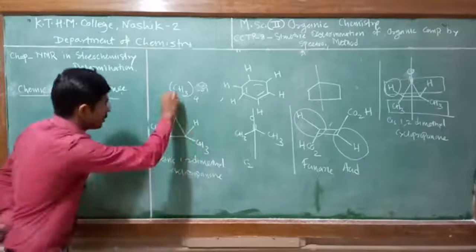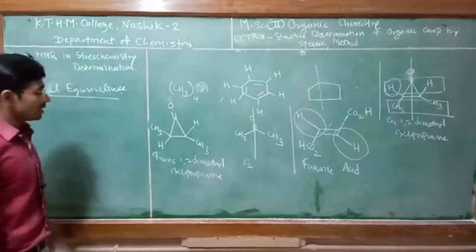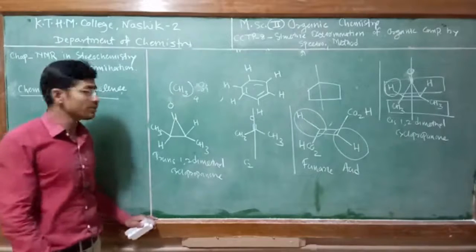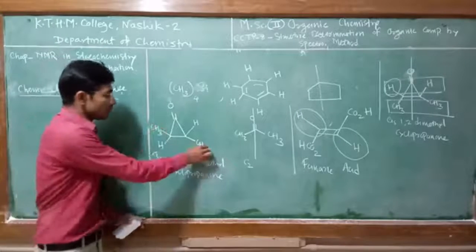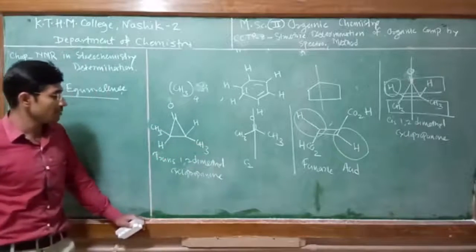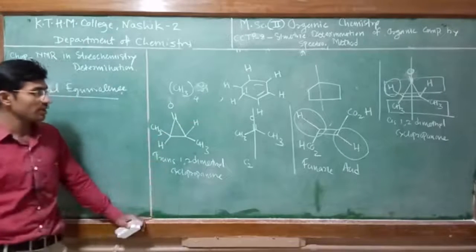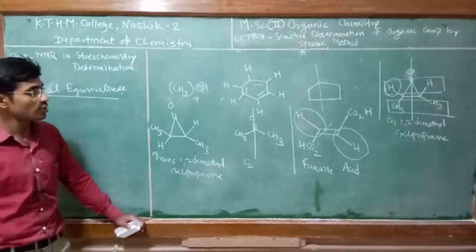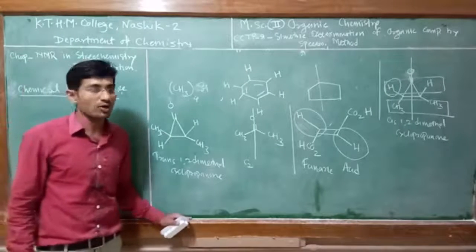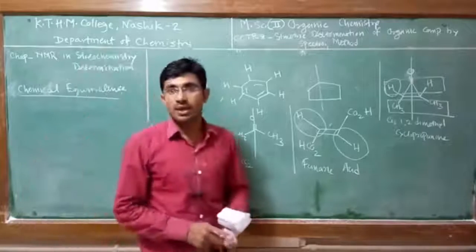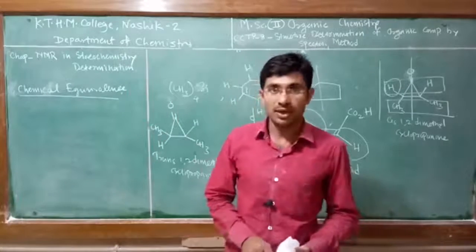In this example also there is a center of symmetry, and because of the center of symmetry, remember that these methyl groups are in the same chemical environment, and these protons are also in the same chemical environment. Because of that they are equivalent, so we call them chemically equivalent protons. So this is all about chemical equivalency regarding the protons.